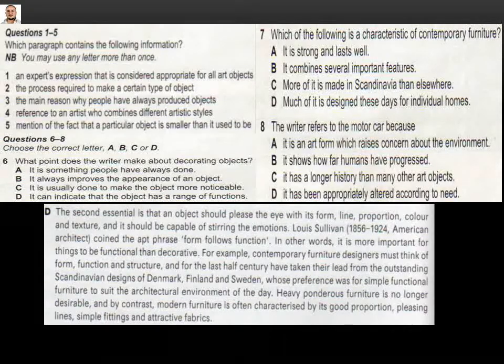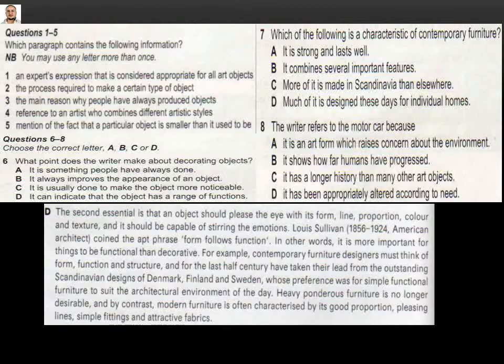Which of the following is a characteristic of contemporary furniture? A. is strong and lasts well. B. it combines several important features. C. more of it is made in Scandinavia than elsewhere. D. much of it is designed these days for individual homes.